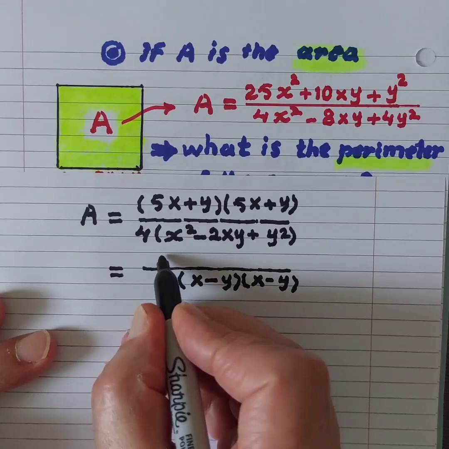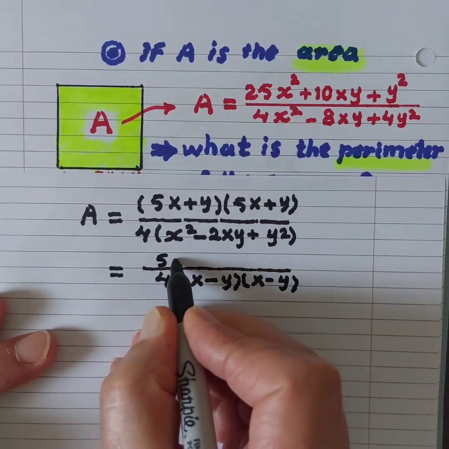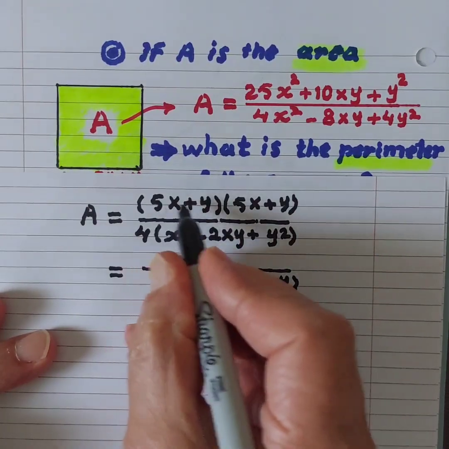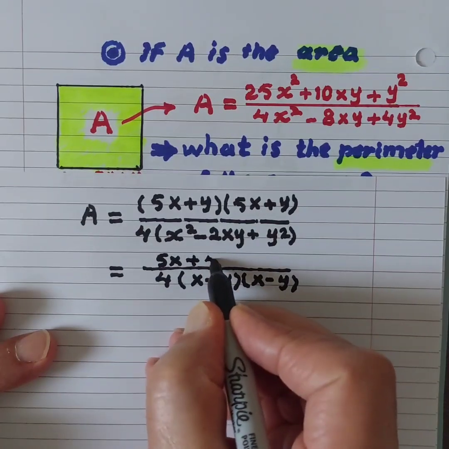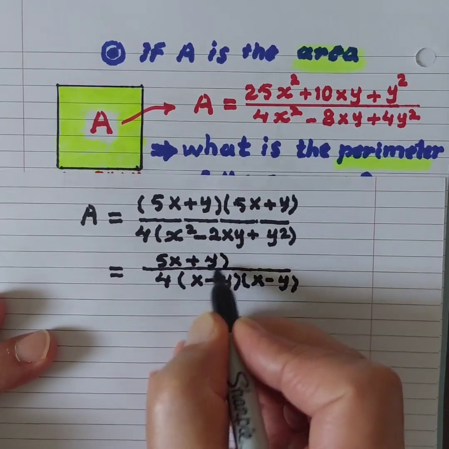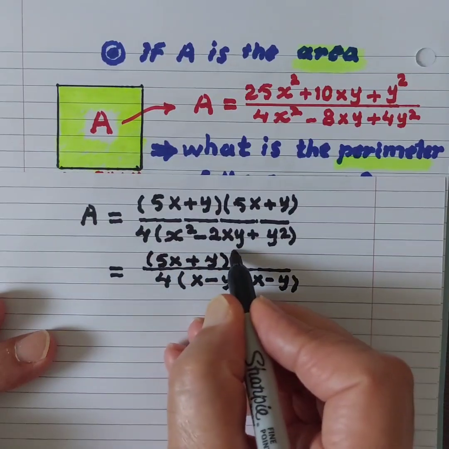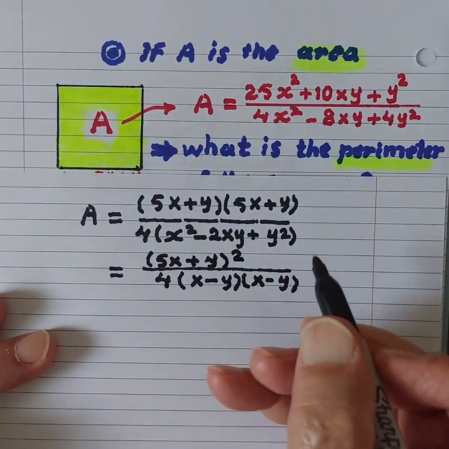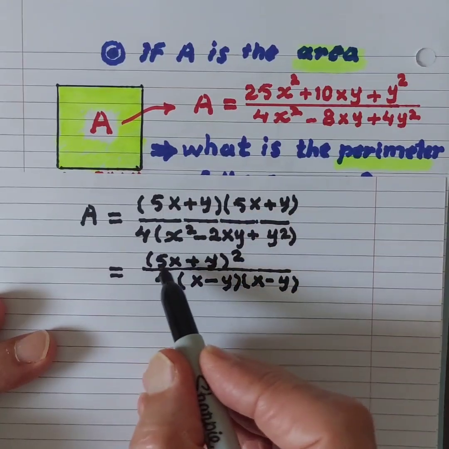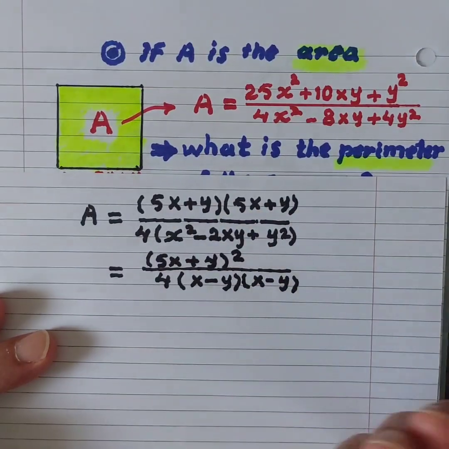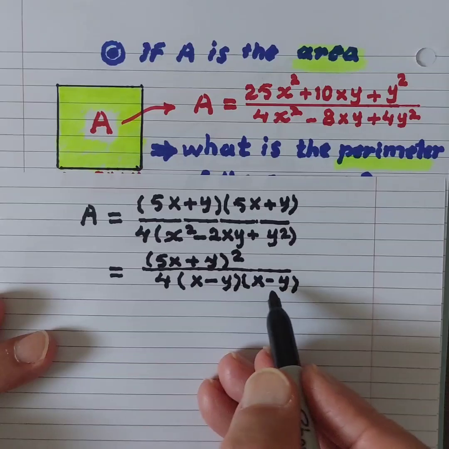And of course, the numerator will stay as we wrote it here. Instead of writing these two times, we write only one bracket and put a square here. Same, we can do the same thing here.